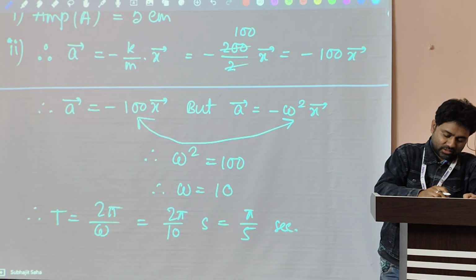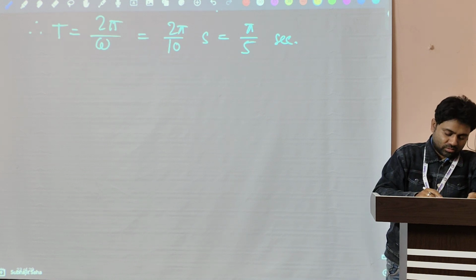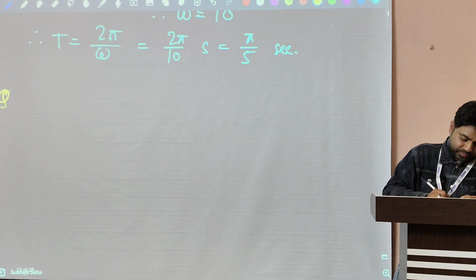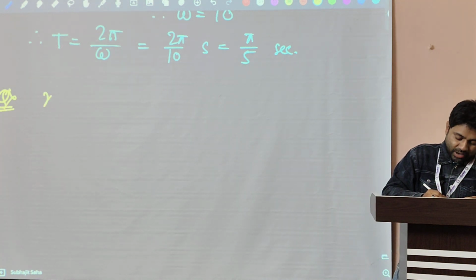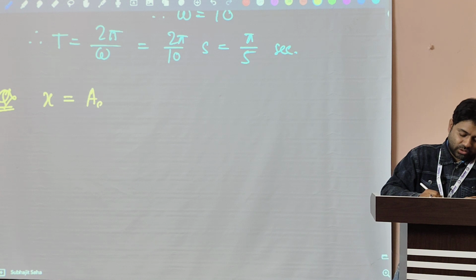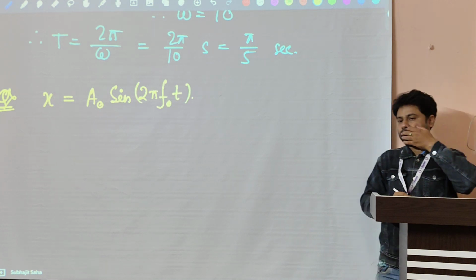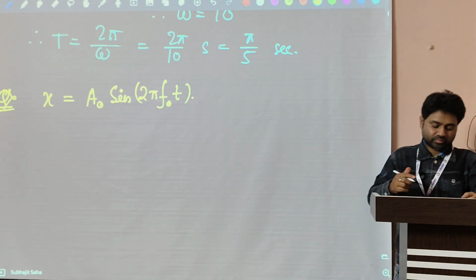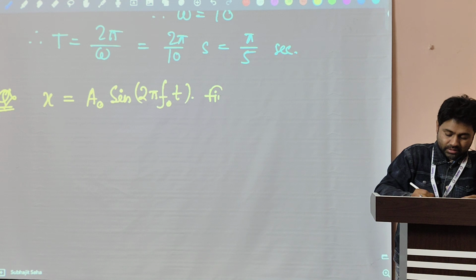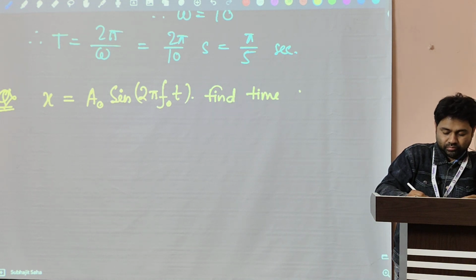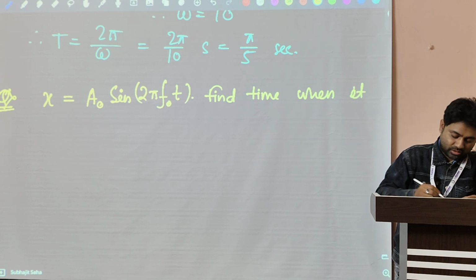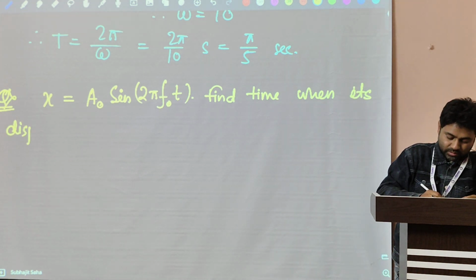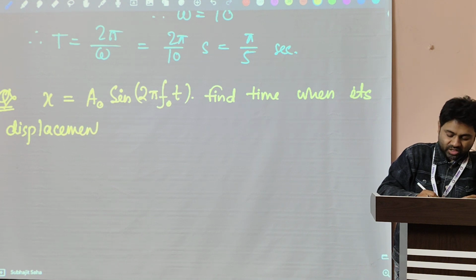Now let's take a few more examples. Take this question. Suppose displacement of a particle in SHM is given by A0 sine 2 pi f0 t. It is given like so. Find the time when its displacement is root 3 A naught by 2.